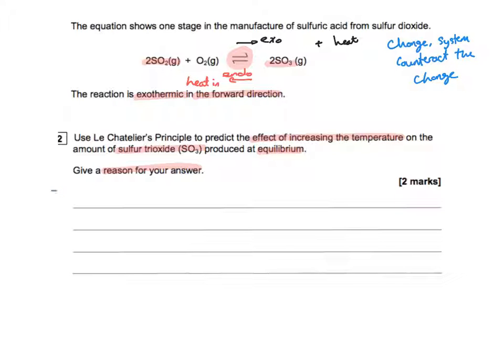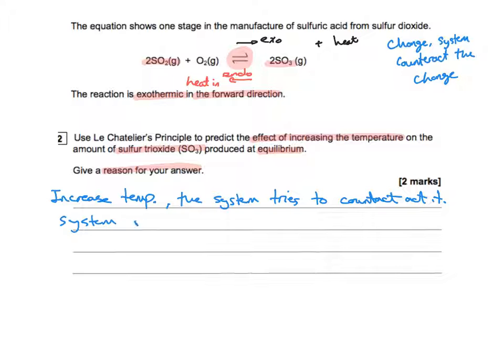So if we increase the temperature, the system tries to counteract it. Therefore, the system will try to reduce the temperature. The question says we're increasing the temperature, so the system will try and reduce the temperature.